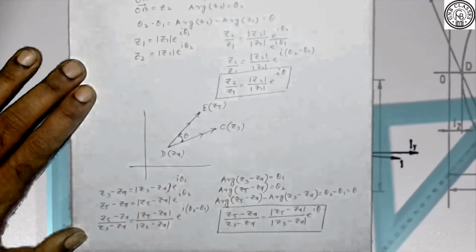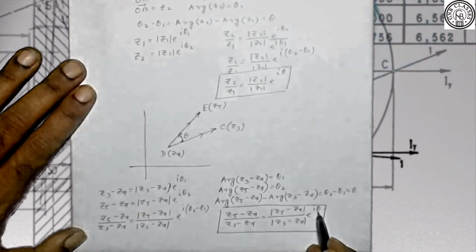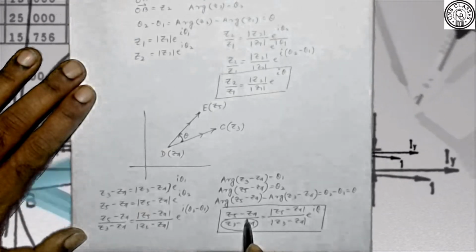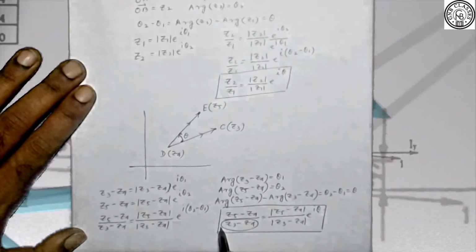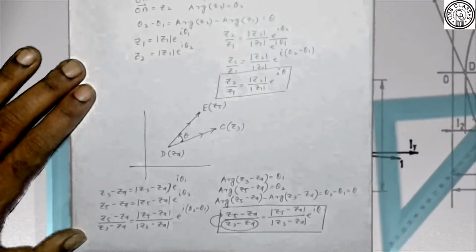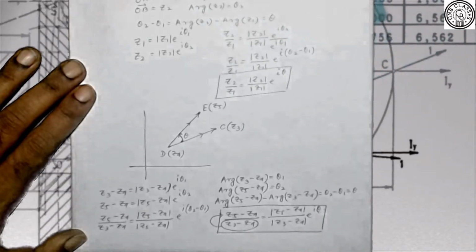See this expression? You will remember in this way that this theta will be positive when it has started from the denominator and it has ended in the numerator. In that way, if you remember, you can understand whether this theta will be positive or negative.